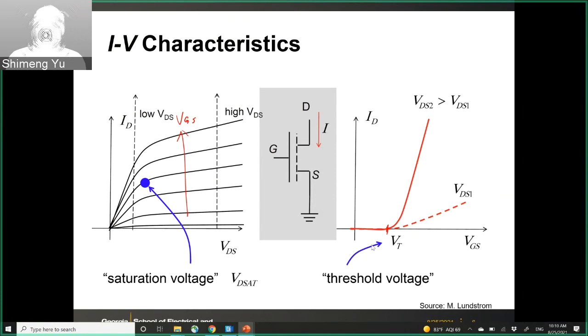Below that, the current is very minimal. And above that, you have very large current with respect to the Vg. So this is a typical transistor characteristic. Basically, the drain current is controlled by either the gate voltage or the drain voltage.